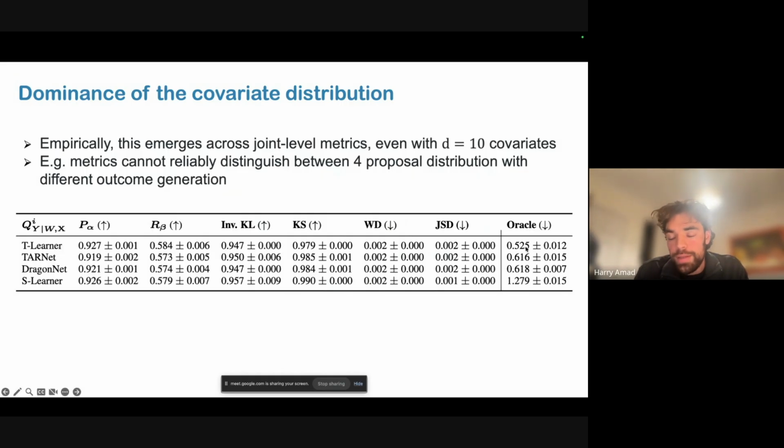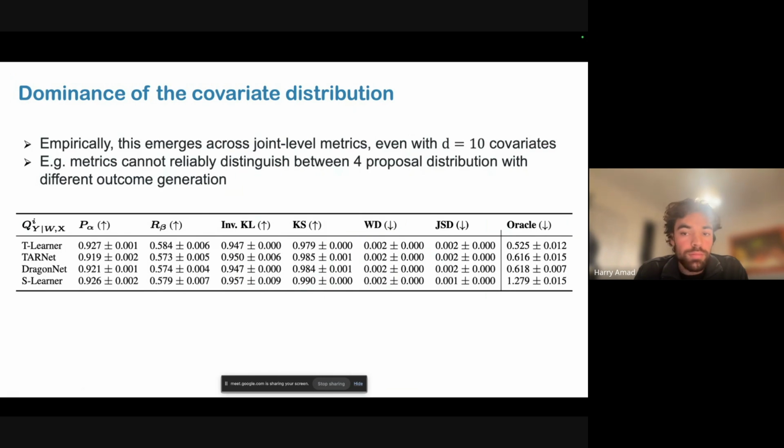And the only way that they differ is in the outcome generation mechanism, and we've designed them in a way so that we know that that's true. The oracle metric, which is only measuring the outcome generation difference between these 4 distributions, can pick up that there is a true statistical difference between them.